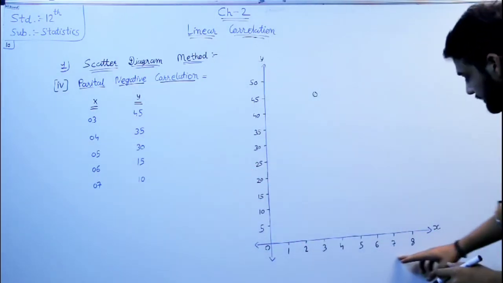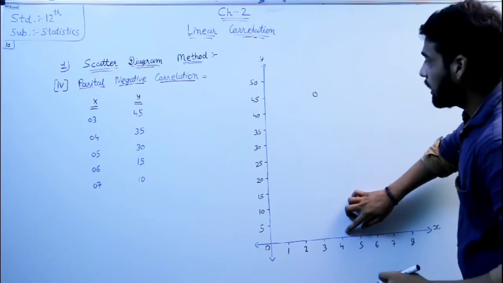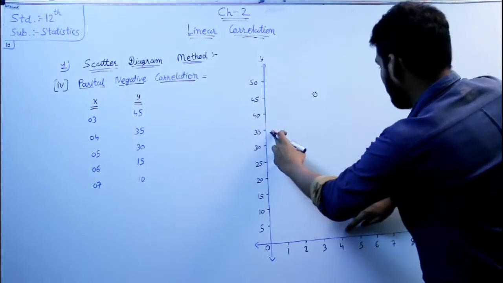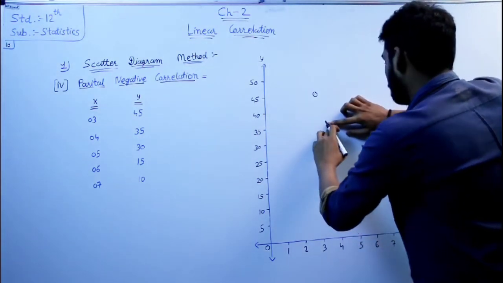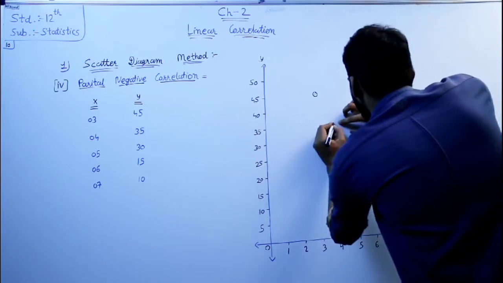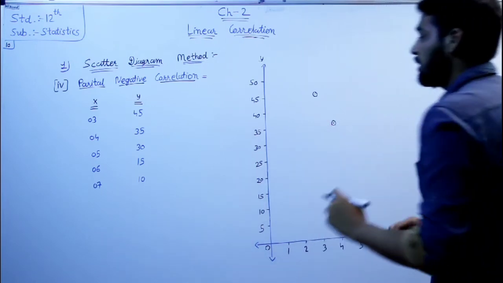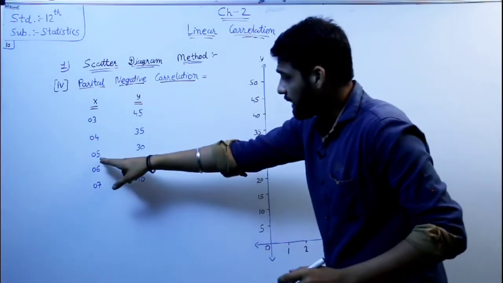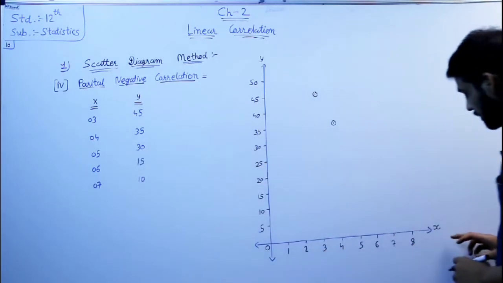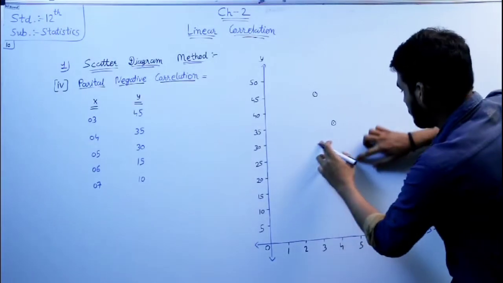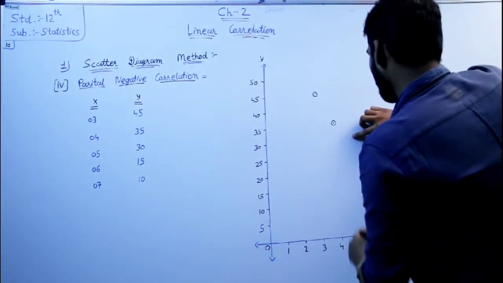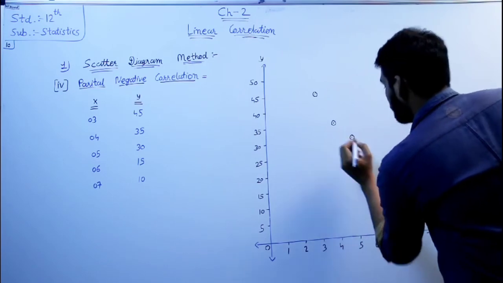That means on the x axis we take value 4 and on the y axis we take value 35. That means this point is plotted here. So next 5 and 30. So on the x axis 5 and here on the y axis 30. That means this point is plotted here.